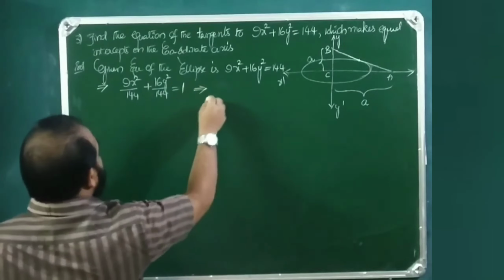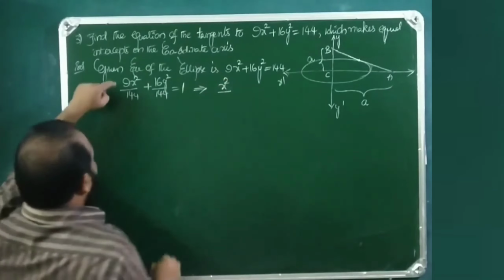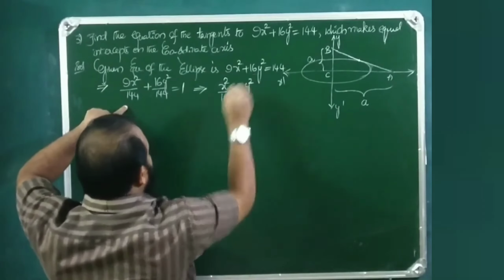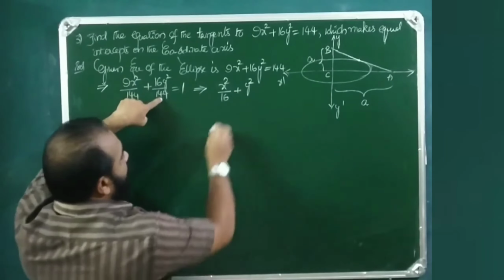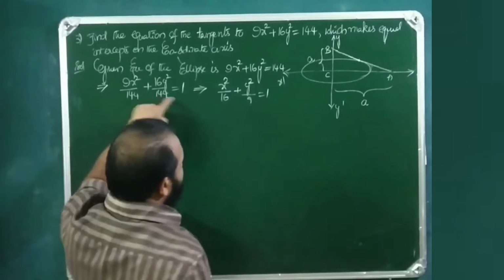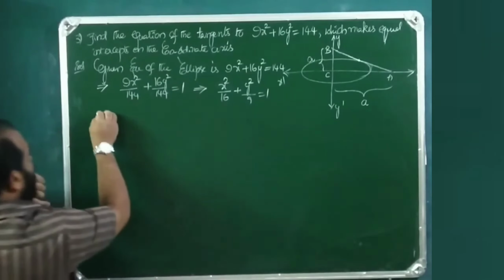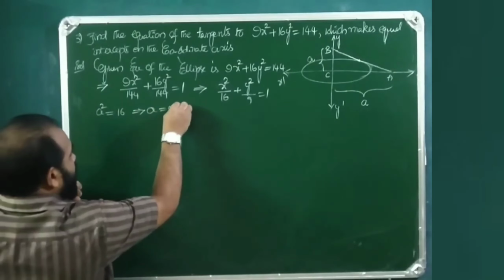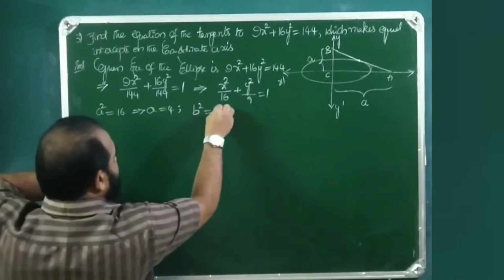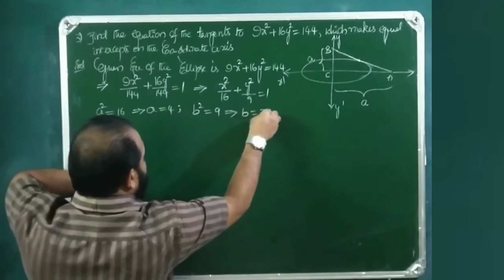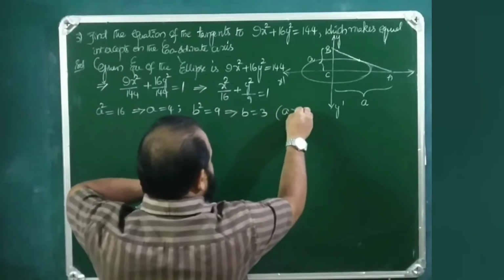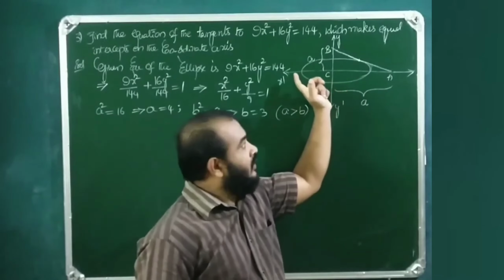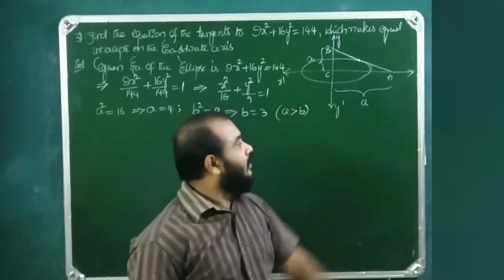This implies x square by 16 plus y square by 9 equals 1. So here a square equals 16, which gives a equals 4, and b square equals 9, so b equals 3. Since a is greater than b, the x-axis is the major axis.